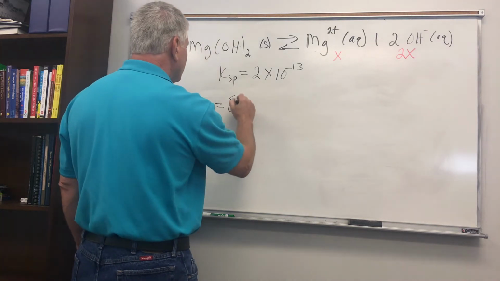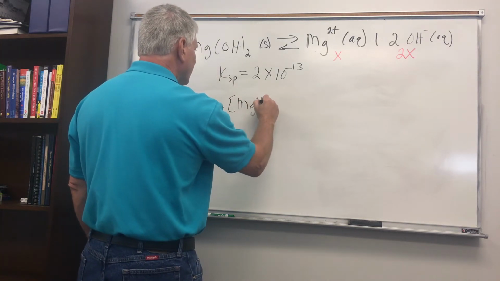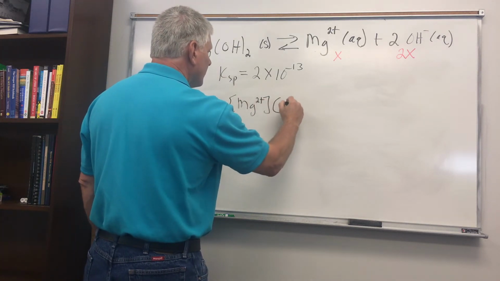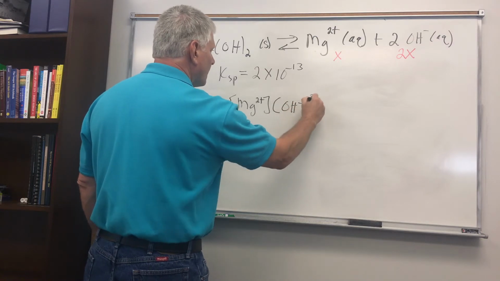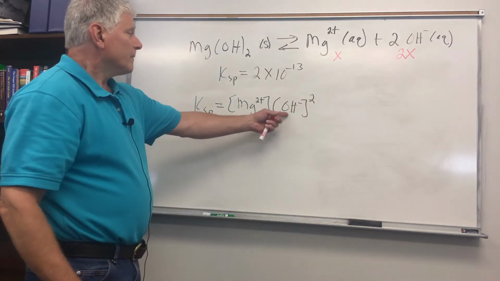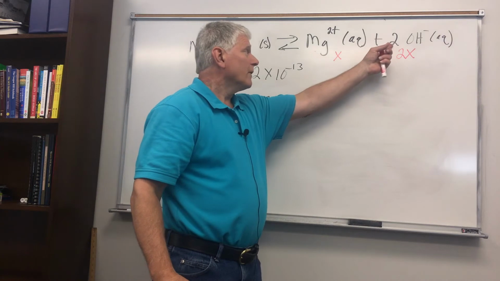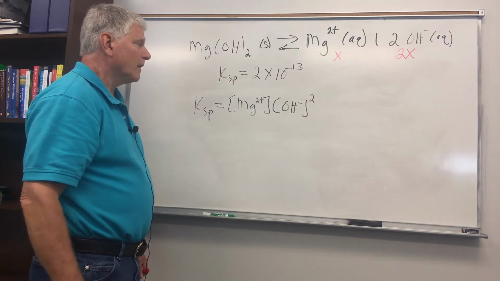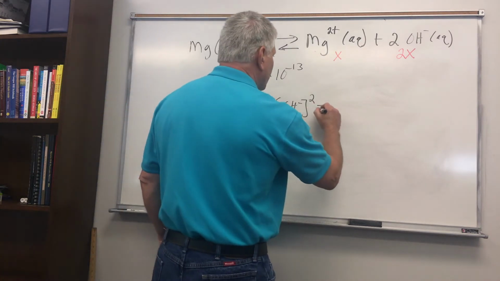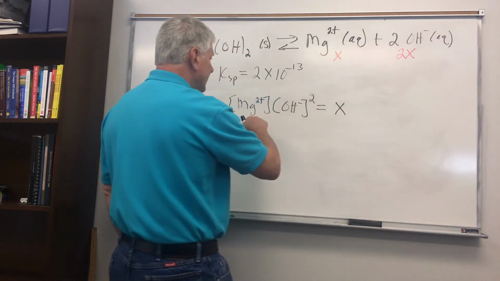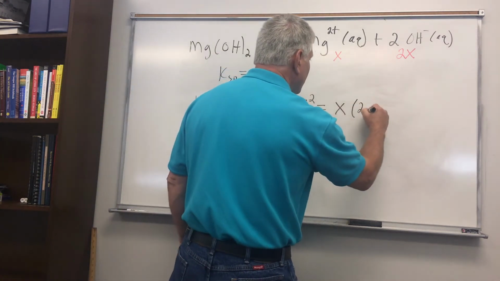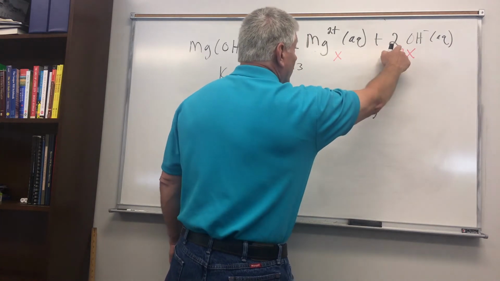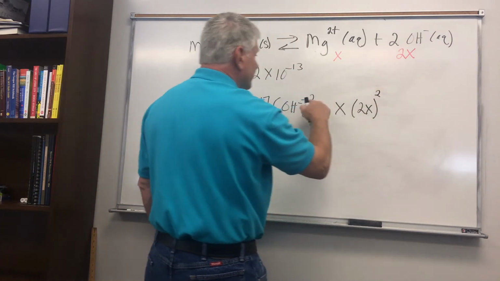And therefore the equilibrium constant, solubility product, will be, now remember, this OH minus will be squared because that coefficient is an exponent in the equilibrium constant. So that means we'll have X for magnesium and we'll have 2X for hydroxide, but then we have to square that.